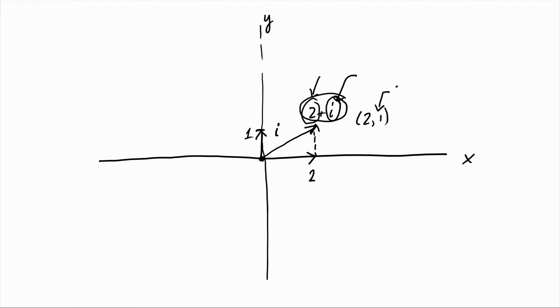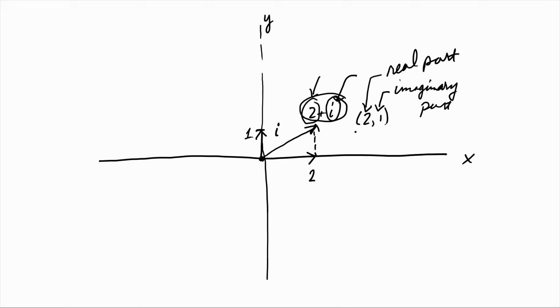So the 1 is called the imaginary part. The 2 right here is called the real part. So you have a real part and an imaginary part for this complex number 2 plus i.